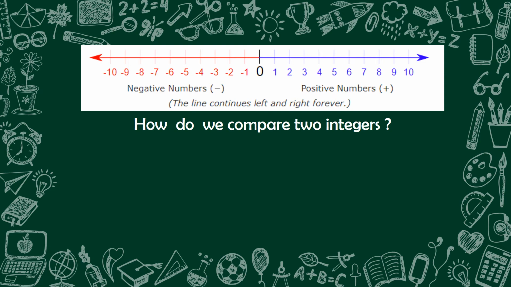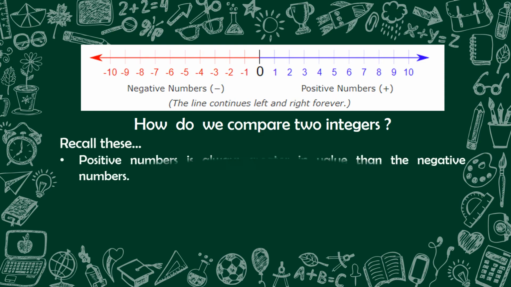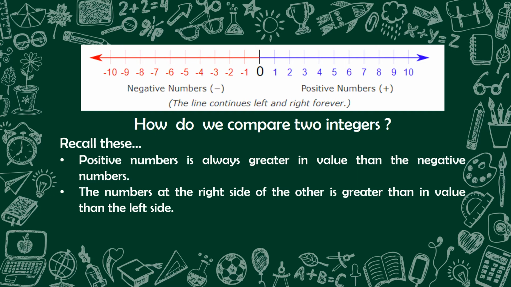How do we compare two integers? Recall this. Positive numbers is always greater in value than the negative numbers. Laging tandaan, ang positive numbers ay mas mataas kumpara sa negative numbers. The numbers at the right side of the other is greater in value than the left side.